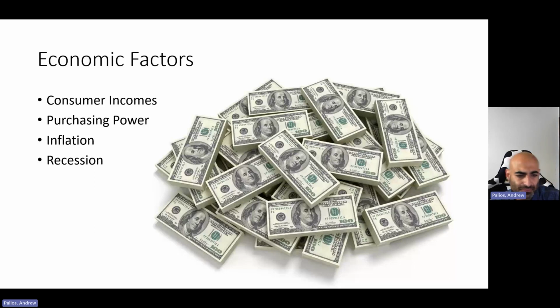Purchasing power. So this is another economic factor as well. Consumer income does not determine purchasing power. So very important. Just because I make a lot of money doesn't mean I have a lot of purchasing power, because I might have a lot of debt. So someone that has a higher income, it doesn't necessarily mean that they'll be interested in purchasing those luxury goods, because they might have a family.